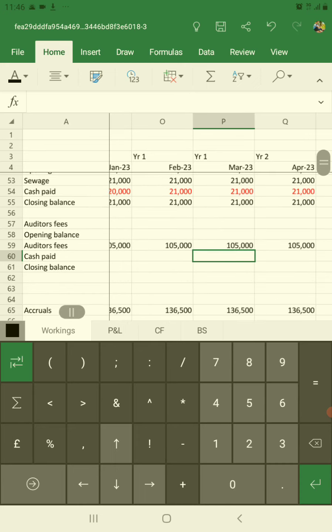Okay, so here in March we will put a formula to accommodate the cash paid now. Put equal sign, and because it's a cash paid, it's a negative, we start with a negative number.